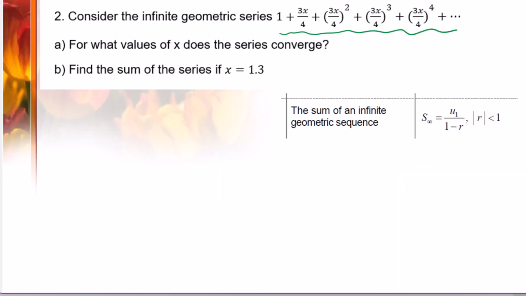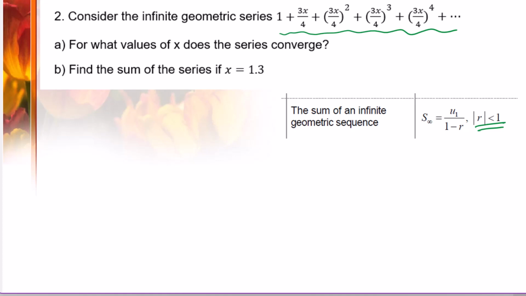Question 2. Consider the infinite geometric series 1 plus 3x over 4 plus (3x over 4) squared and so on. For what values of x does the series converge? In the booklet, we are given S sub infinity equals u sub 1 over 1 minus r, with absolute value of r less than 1.